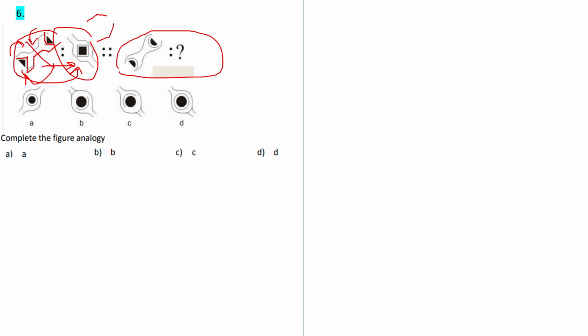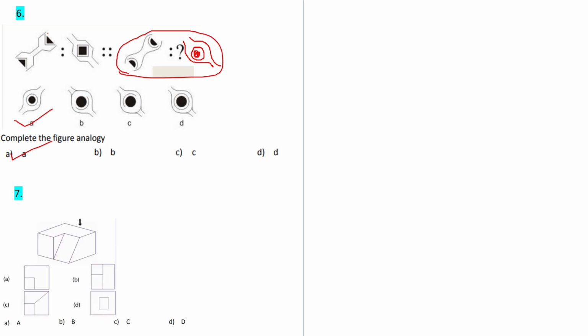Likewise, if you see over here, which image can be formed? We have two triangles, right? And then they are forming a square. Here we have two arches and semicircles. It will form a full circle with one outline circle. And then we have the shape which is inverted and combined. It will go something like this. And if you look at the proportion of the same, A is the correct answer, right?